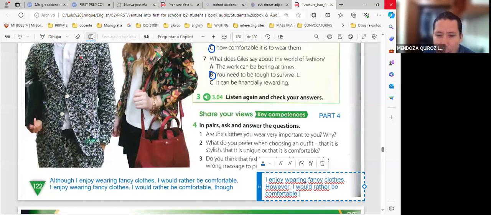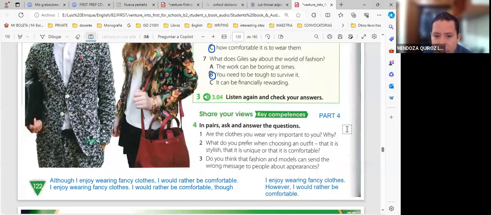Number 3, Dalma. Number 3 says, do you think that fashion and models can send the wrong message to people about appearances?